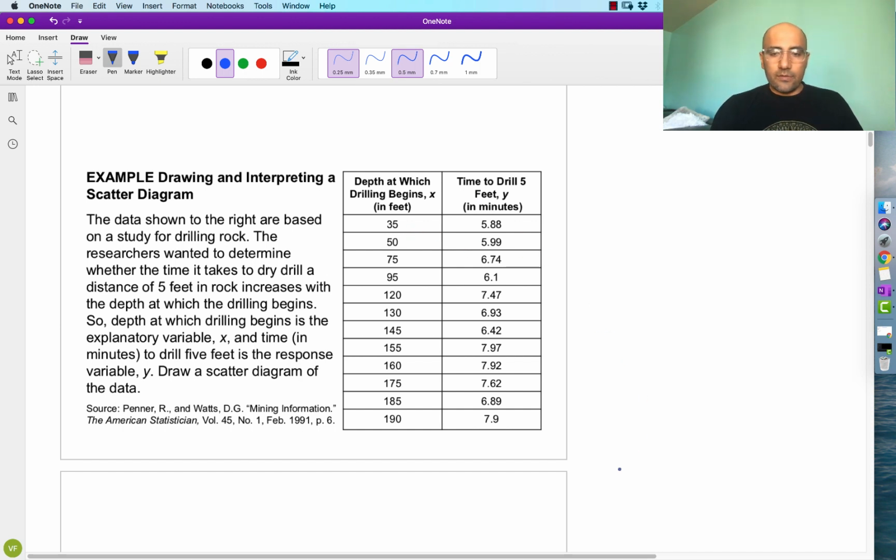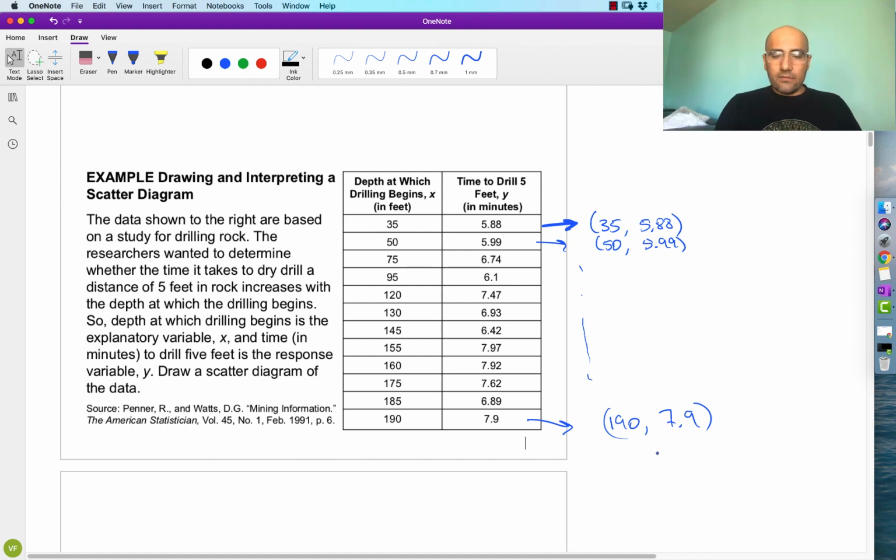For example, 35 comma 5.88, and then this one we would do 50 comma 5.99, and so on and so forth, all the way out to 190 comma 7.9. Okay, so we have all these ordered pairs, and then we graph them all in the following way.